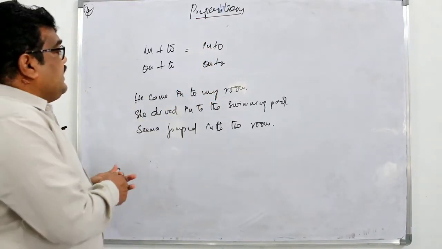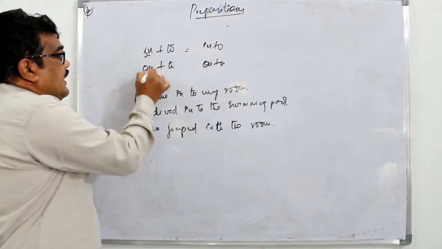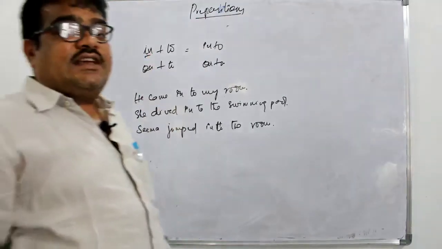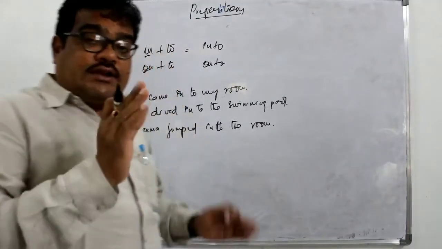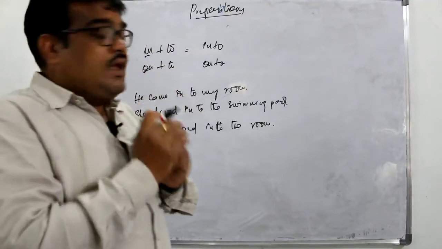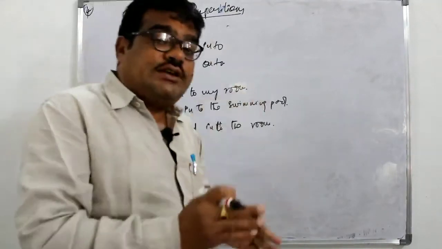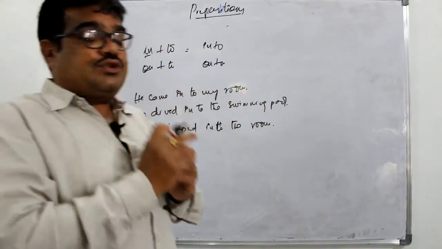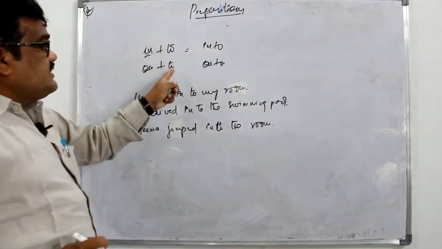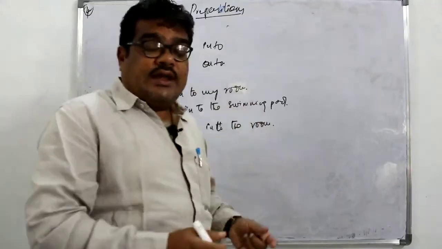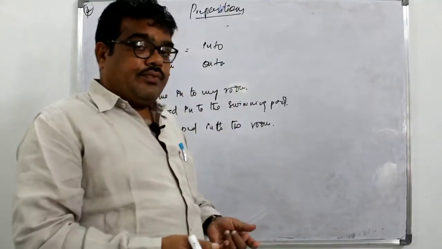If you take in and on, for example, if I say she is in the house, it talks about the rest position. If I say the book is on the table, it is in the rest position. Whereas if to is added, it gets movement, it gets motion.